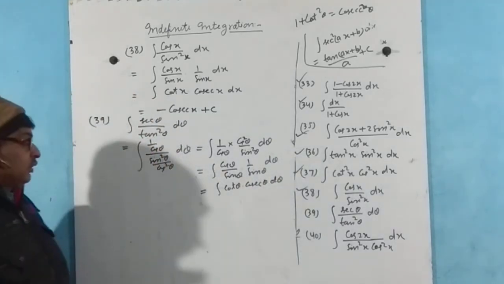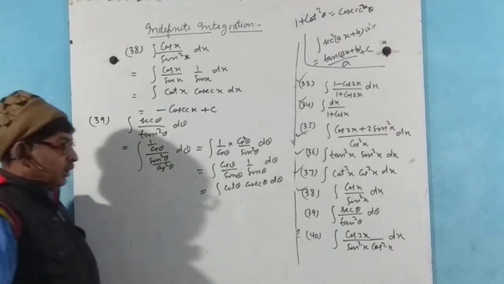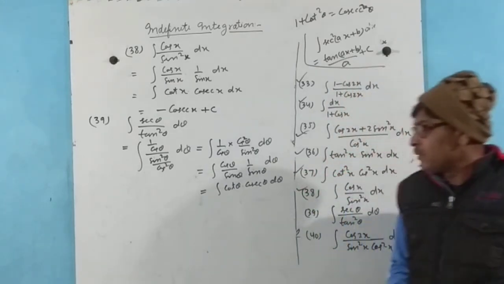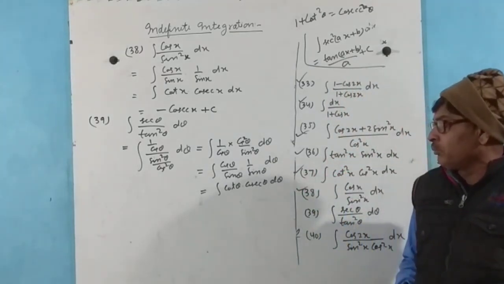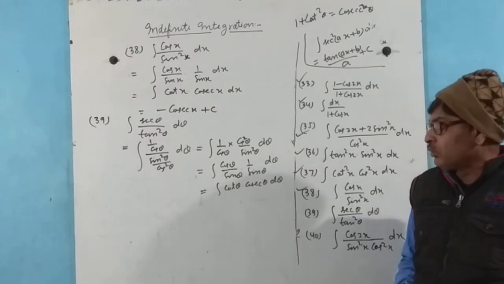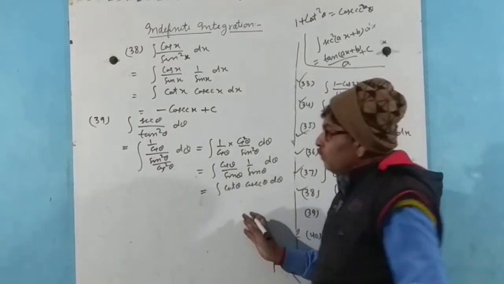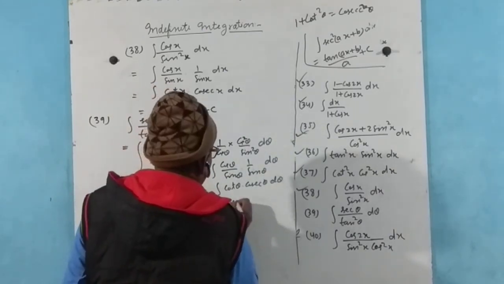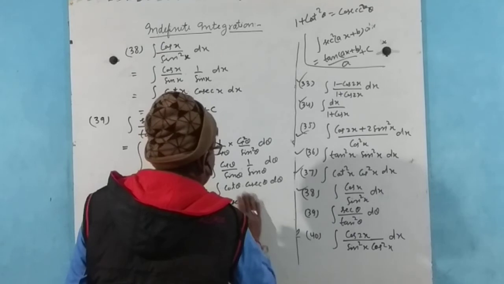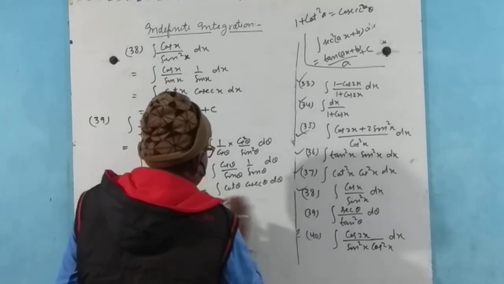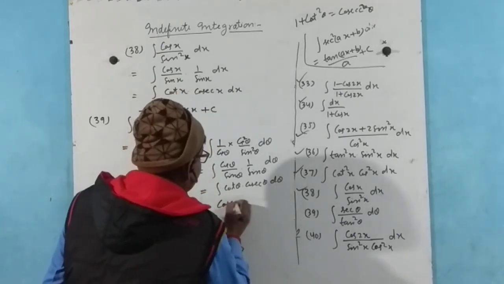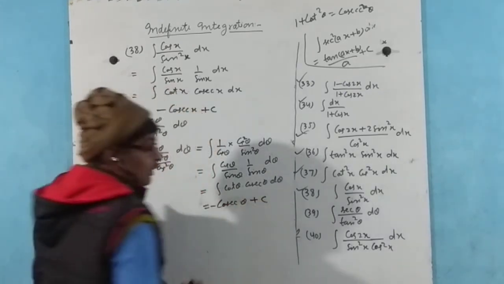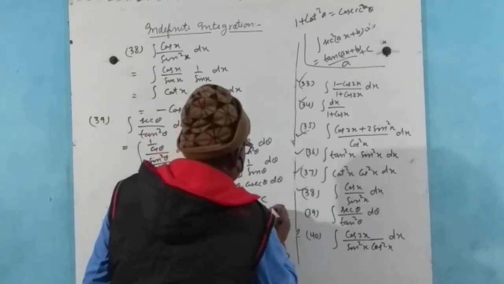As you know that the differentiation of cosec theta is equal to minus cot theta cosec theta, so the integration of this is equal to minus cosec theta plus C with negative sign. This is our answer here.